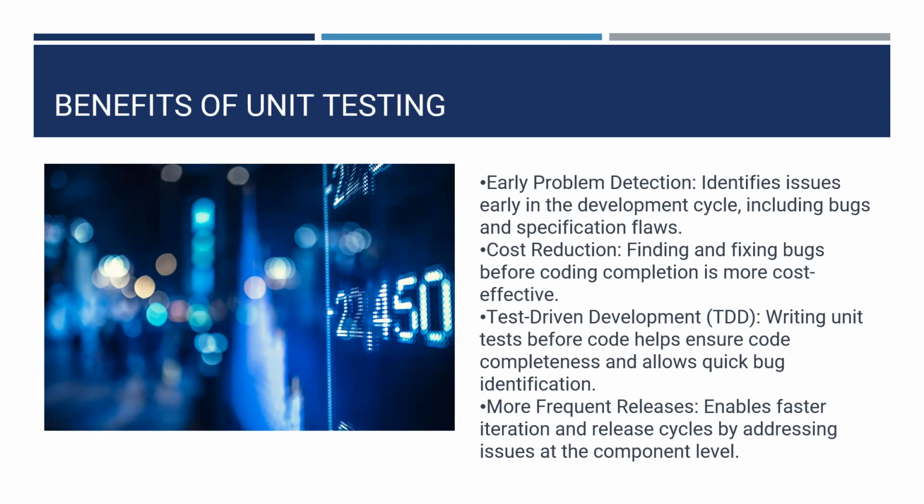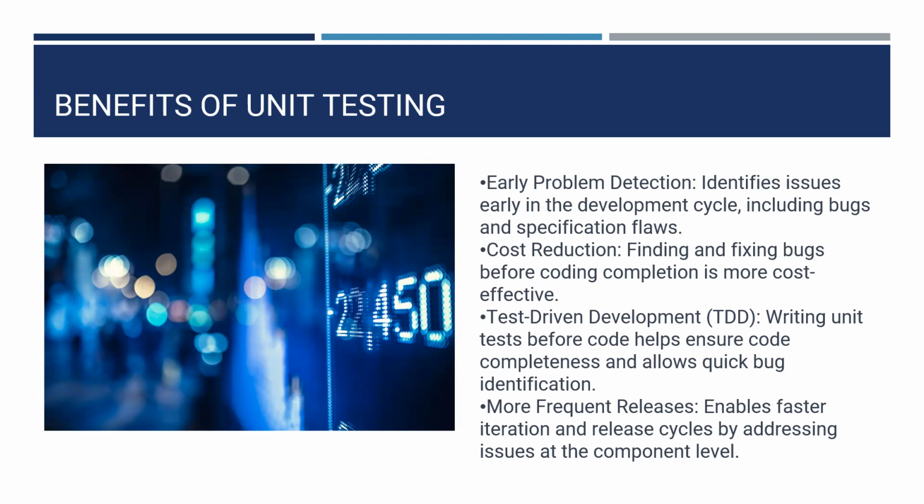So some of the advantages of unit testing that it brings to the table: early problem detection is a key advantage in identifying issues in the development cycle, including bugs and specification flaws.